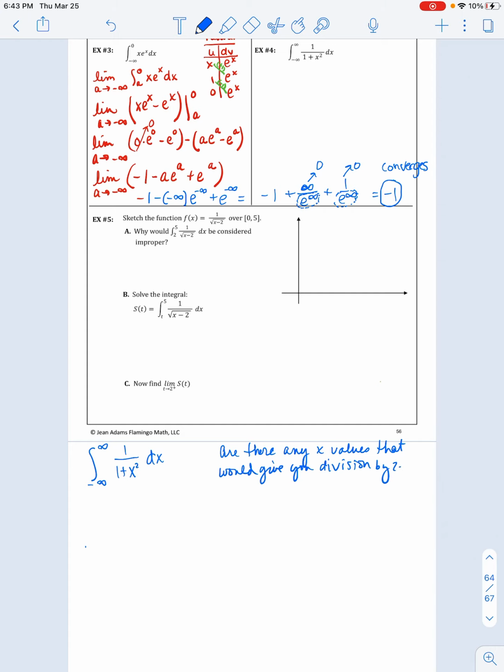And there's no way that I can put any x in, square it, and get a -1 there. So therefore, the domain for this would be negative infinity to positive infinity, so we wouldn't have to worry about any vertical asymptotes or anything like that.